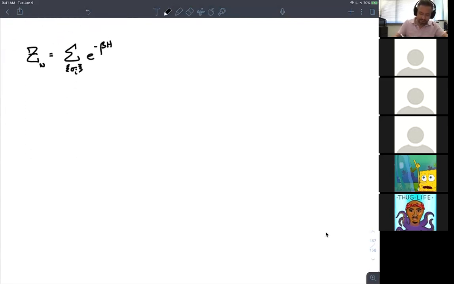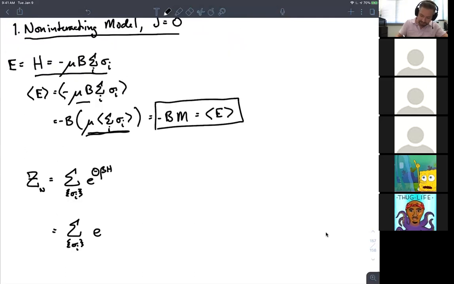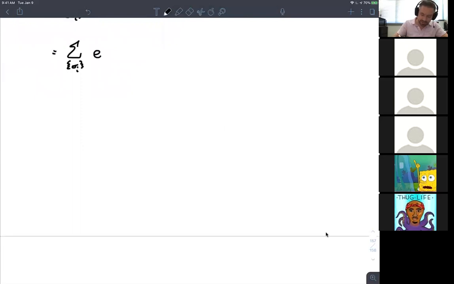So you just substitute that in. Sum over spin configurations. So now we got a minus sign here. We got a minus sign here. So those are going to go away. And we get e to the beta mu B sum over spins.